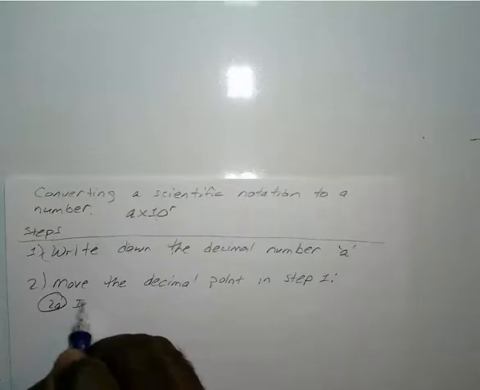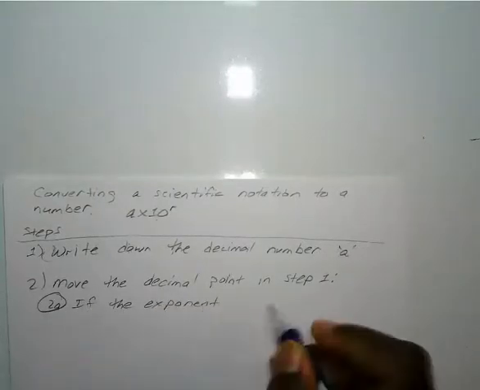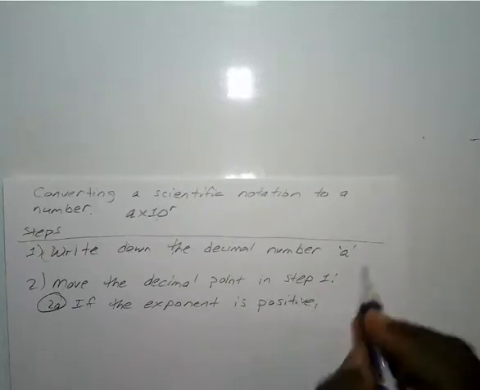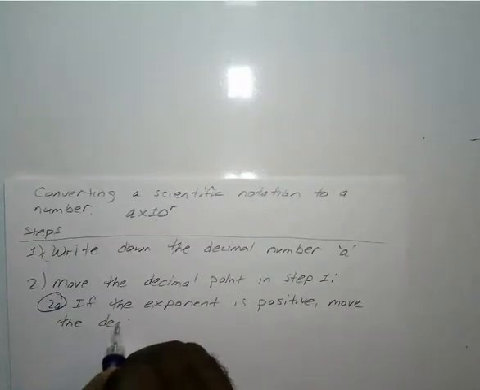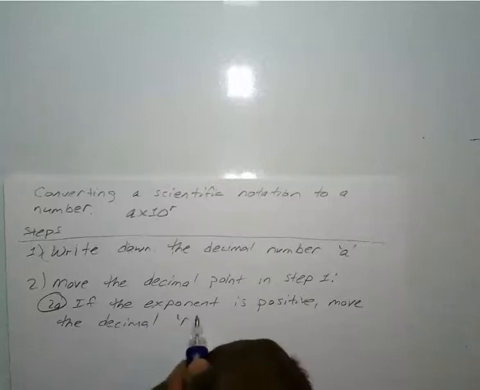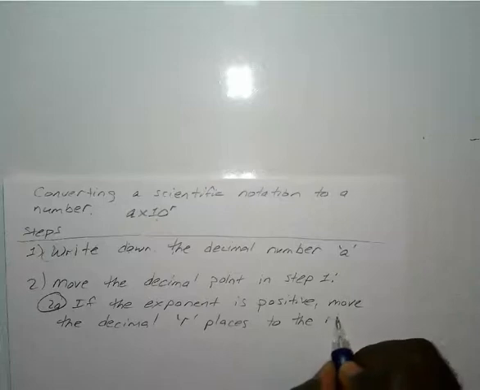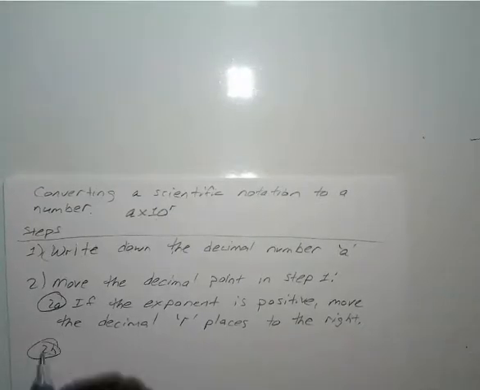Now we go, if the exponent is positive, move the decimal R places to the right. Now, if the exponent is negative, you move it R places to the left.